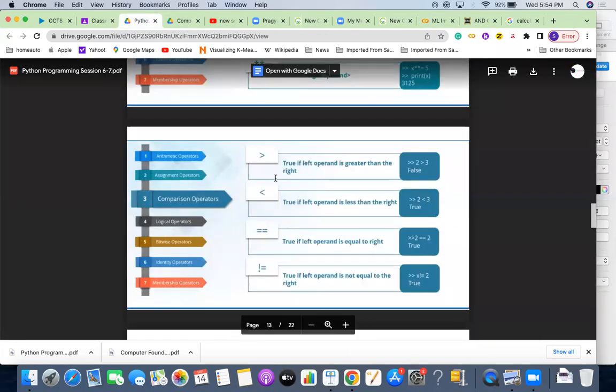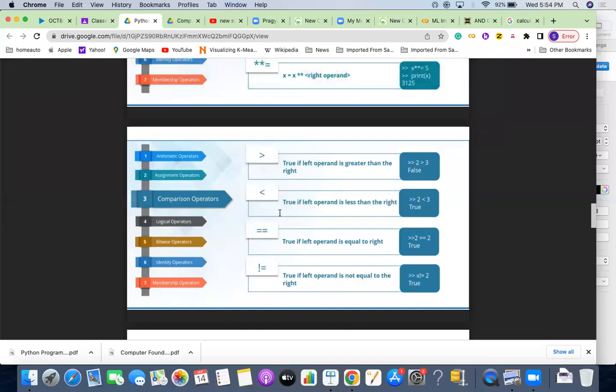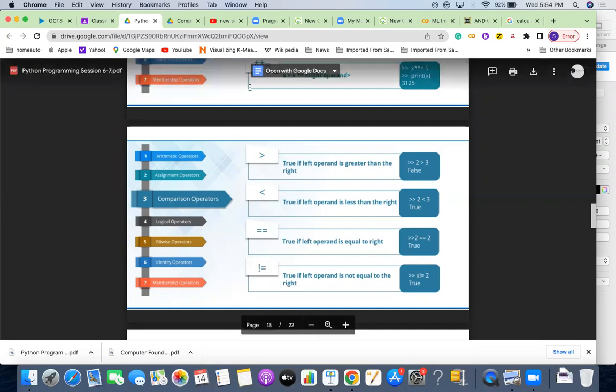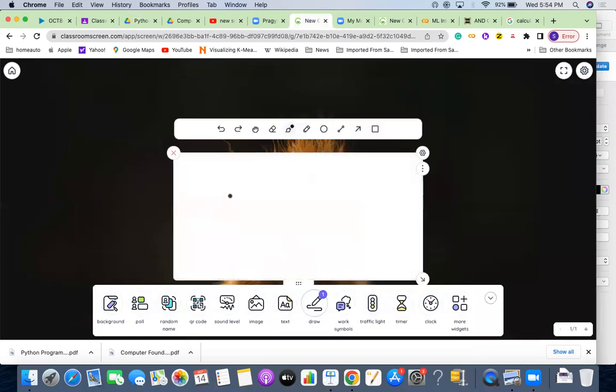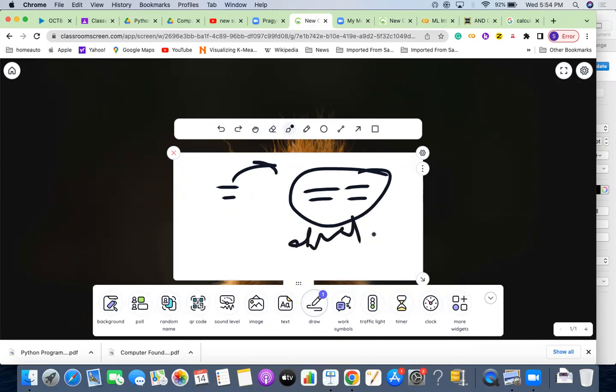Greater than, less than, equal to, which is two equal signs, and not equal to. There is a difference between these two. This one is assignment. If I write this, it is saying equal to, and this one is assignment. Is this clear? This is assignment.